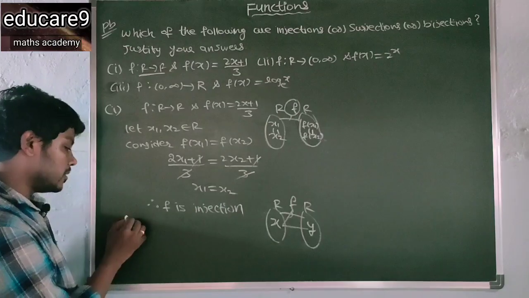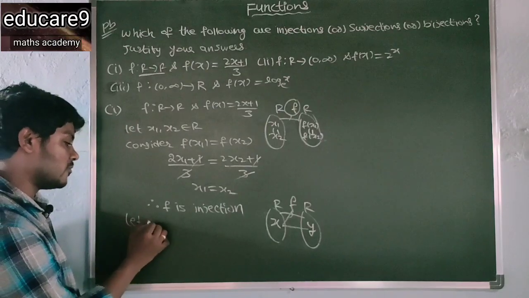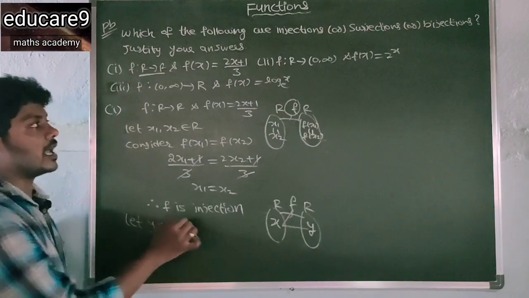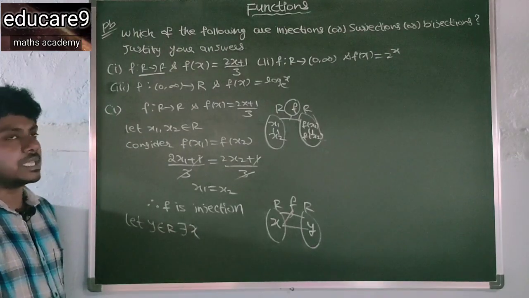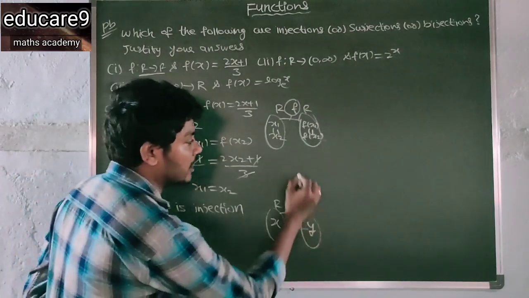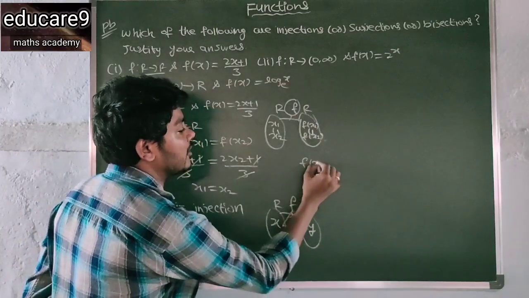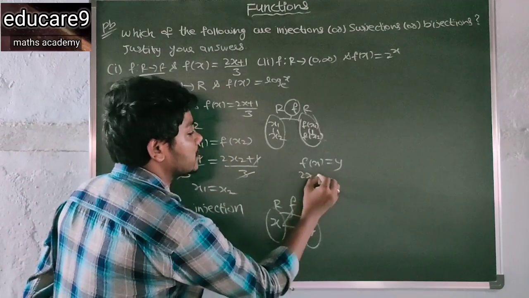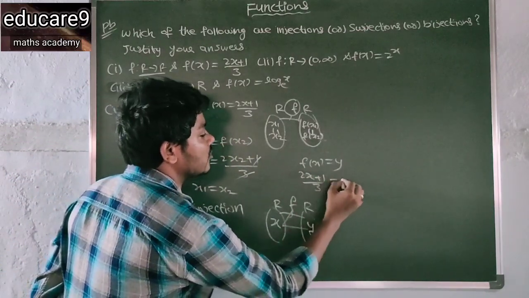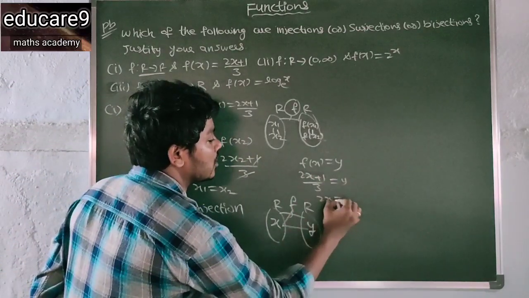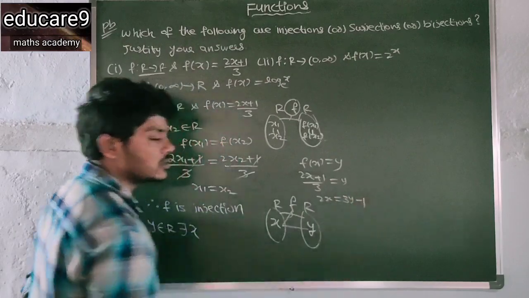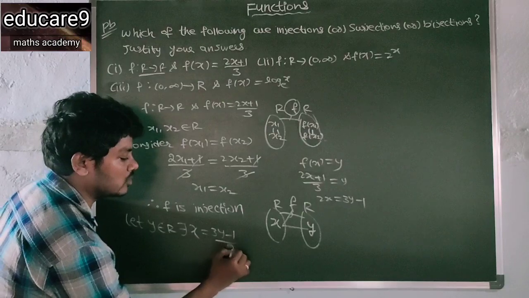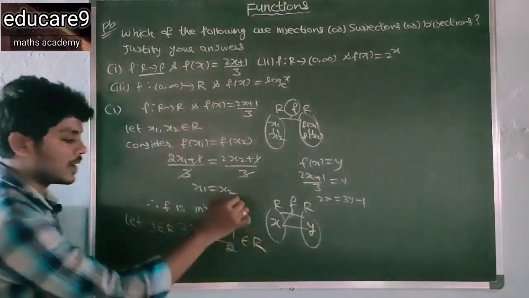Let y belong to R; there exists an x value. So what is the x value? The given function equals y: (2x plus 1) by 3 is equal to y, so 2x is equal to 3y minus 1. So x is (3y minus 1) by 2. So clearly it belongs to R.